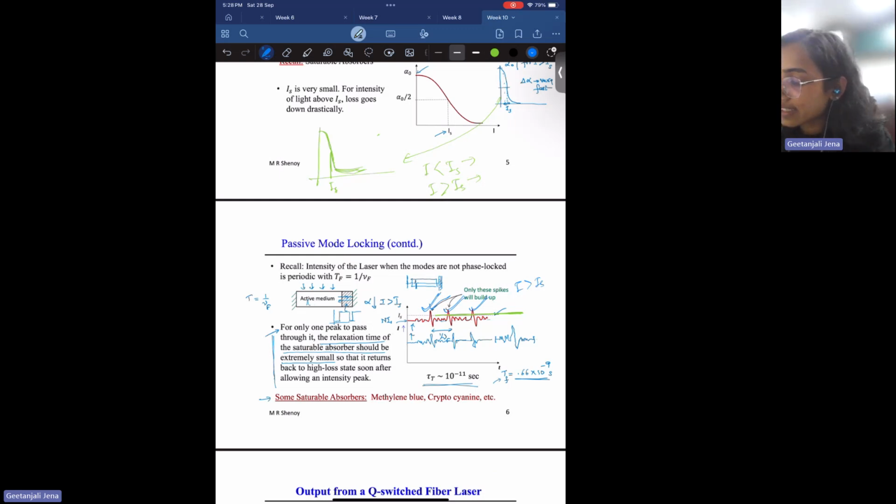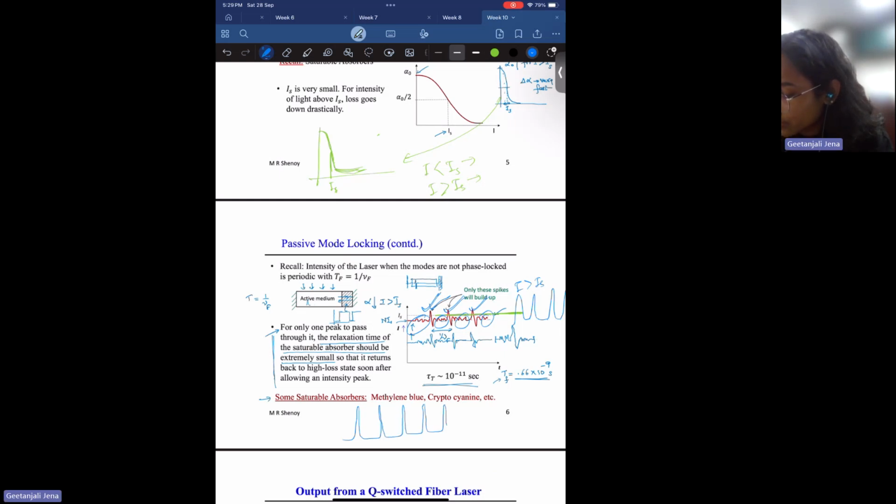But when the intensity is lower, in this region and this region, it will not pass through the saturable absorber because it is absorbed by the saturable absorber. So in this way, you will see pulsed output through this laser system.